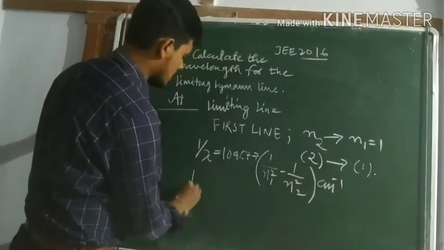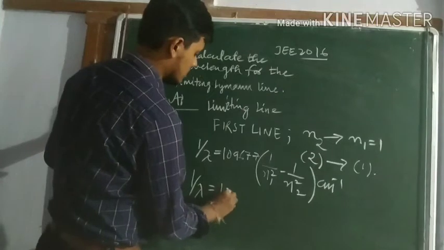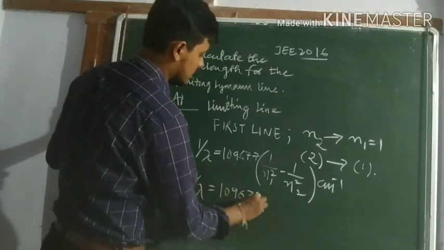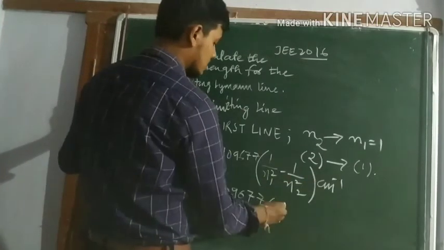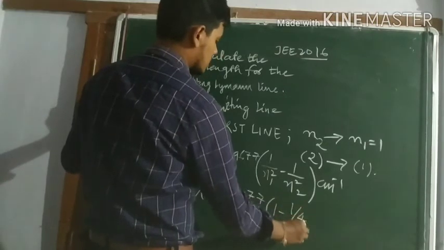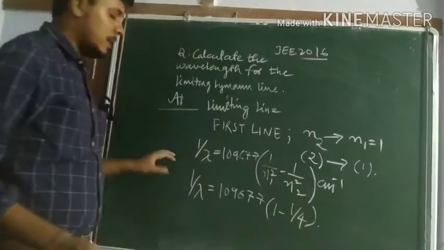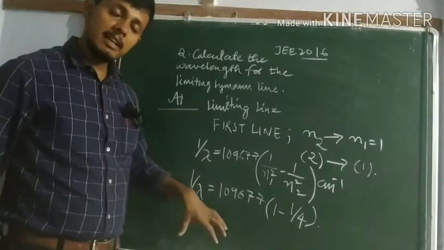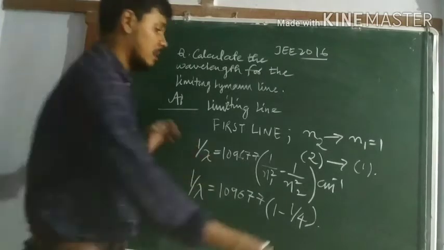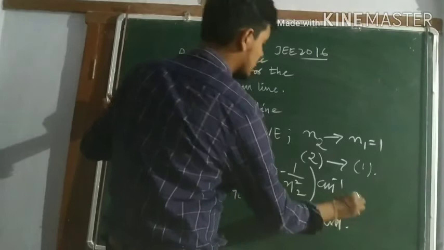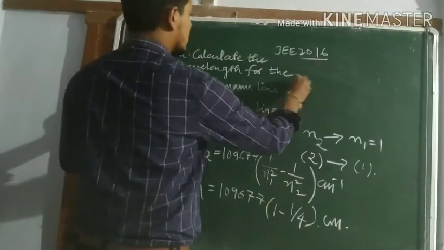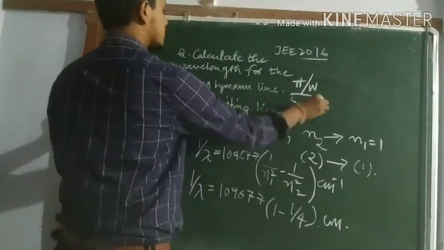So 1 by lambda equals 109677, where n1 is 1 and n2 is 2, so 1 minus 1 by 4. From this we get 1 by lambda, and when we take the reciprocal of 1 by lambda, we get lambda, which comes out in centimeter. Please do this and send it as homework.